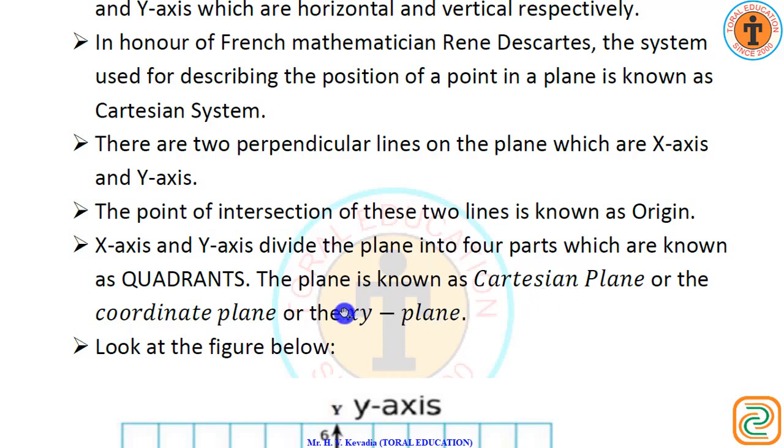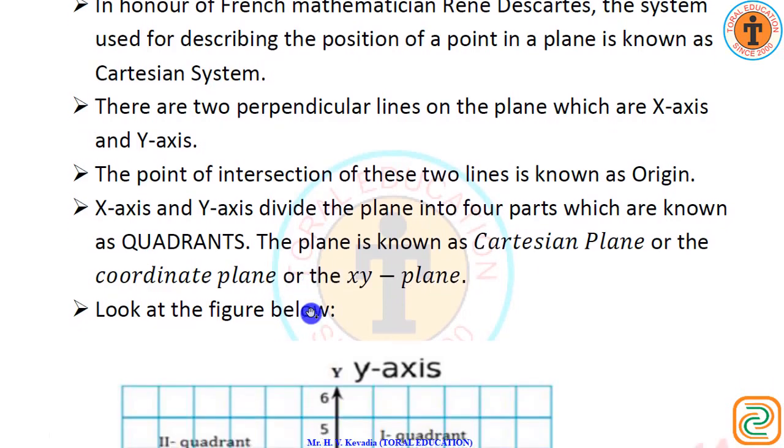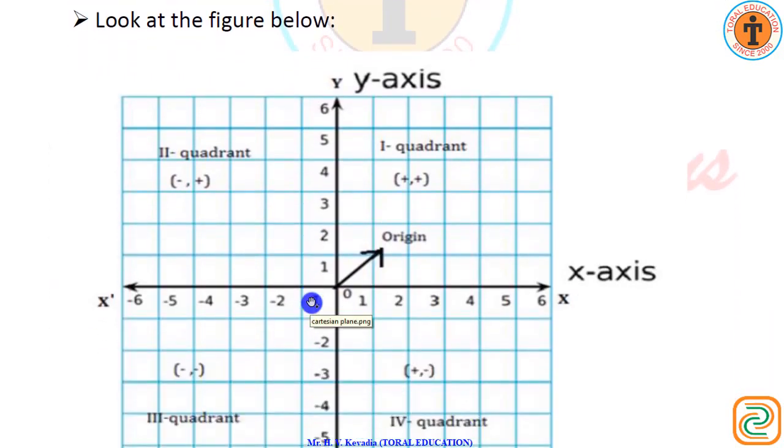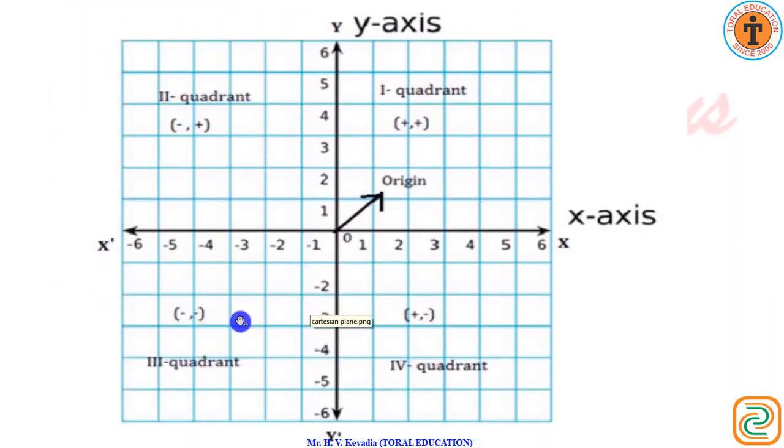These are three names of this plane. Look at the figure. Here the vertical line is the y-axis and the horizontal line is the x-axis. On the right side we write x, on the left side we write x dash. On the upward side we write y and on the downward side we write y dash.